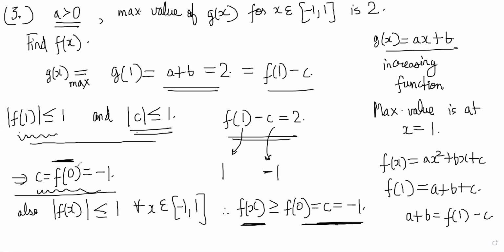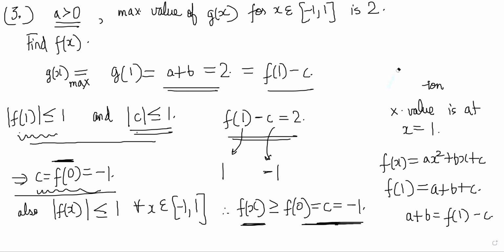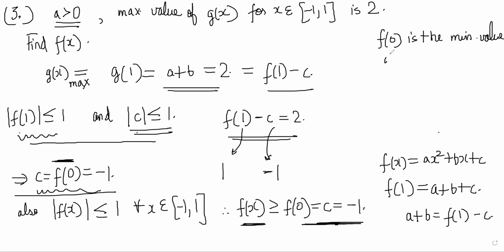So how can it be the lowest possible value of the quadratic function in this interval? That means that the 0 point must be the vertex of the function, right? This implies that f of 0 is the minimum value of f of x in minus 1 to 1.